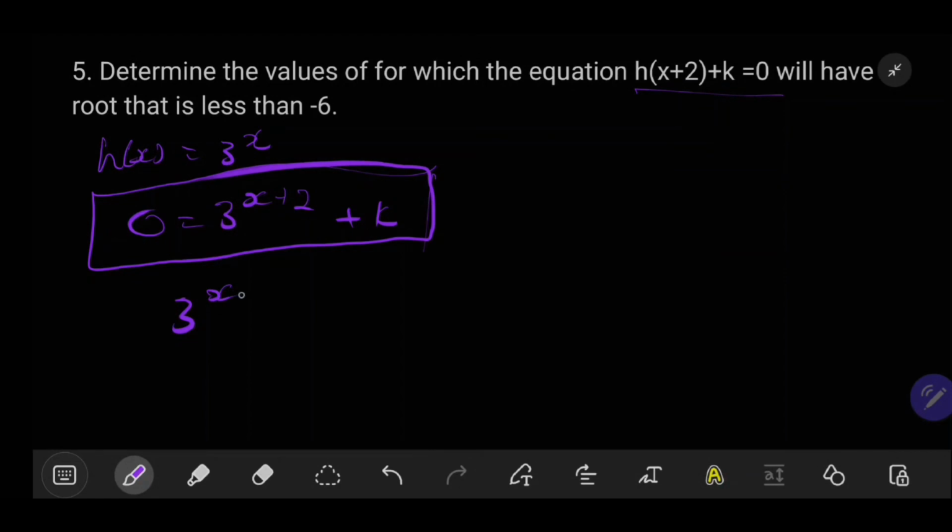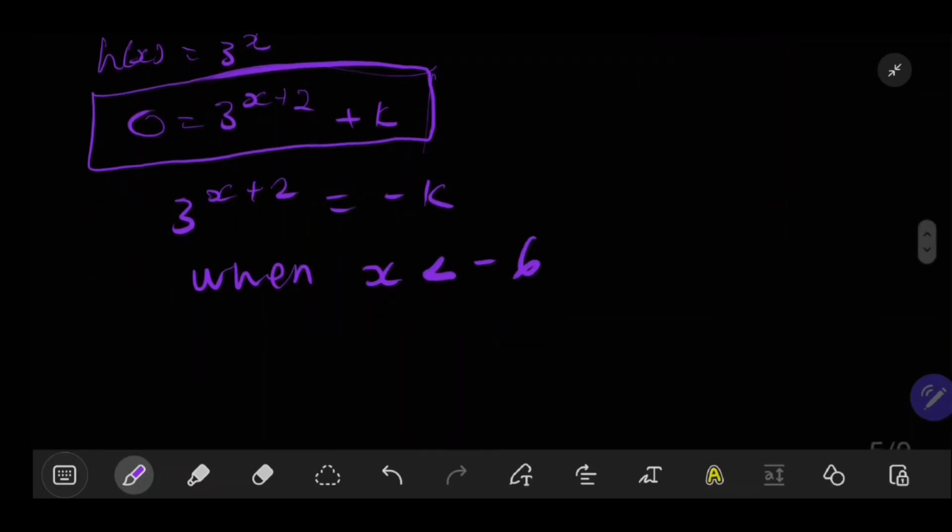So we can rewrite this as 3 raised to exponent x plus 2, which is equal to negative k, when the value of x is less than negative 6. So we're going to substitute this negative 6 for x here.